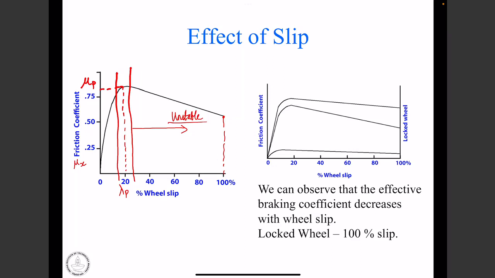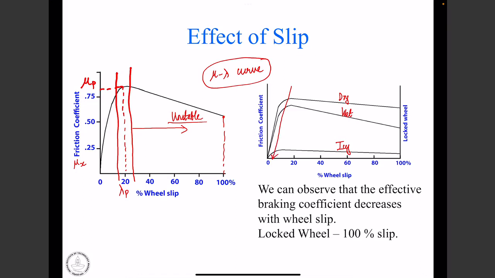Now, what are some other challenges? Although this is a very representative diagram, this is what is called a mu lambda curve. This mu lambda curve also depends on the type of the surface. We can see that the peak values keep decreasing as we go from a dry surface to a wet surface to a snowy surface to an icy surface.